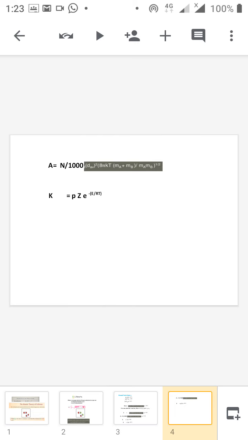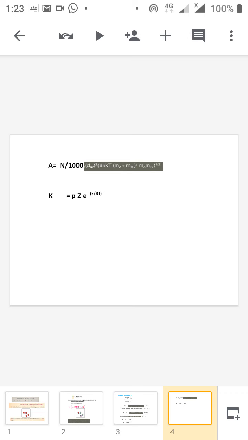We have calculated A by the theoretical method, but the theoretical value is slightly higher than the experimental value. This is mainly because the collision between the activated molecules may not be effective due to lack of proper orientation for the collision.